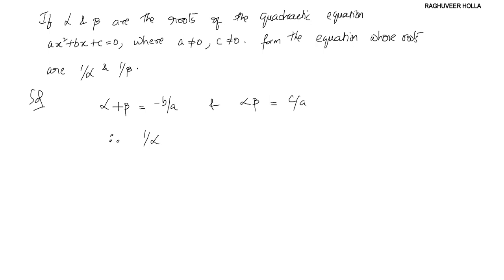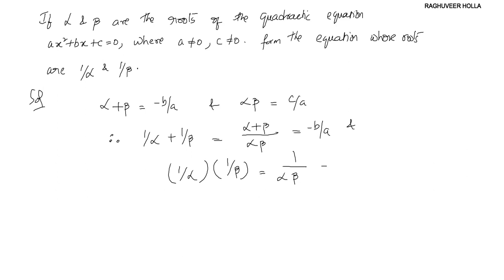Therefore 1 by alpha plus 1 by beta is equal to alpha plus beta by alpha into beta, which is equal to minus b by c. And 1 by alpha multiplied by 1 by beta is equal to 1 by alpha beta, which is a by c.